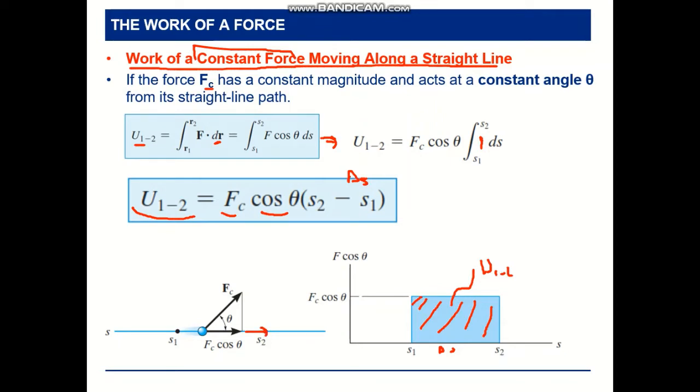If we take F sine theta, it goes in the y direction, but the path doesn't change in the y direction, so it's going to be 0. So there is no energy contribution in this y direction, and we just neglect it. We just bring the constant F component along the s path.